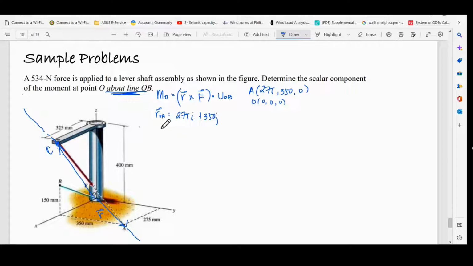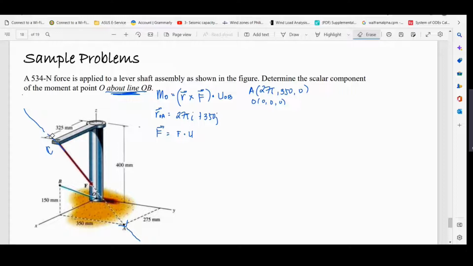Okay. And then for our force F, ang given dito is the magnitude. Therefore, kailangan natin siyang i-convert into its equivalent Cartesian vector form by having F multiplied by the unit vector. So, ano yung unit vector natin dito? Saan nakalay yung ating force F?